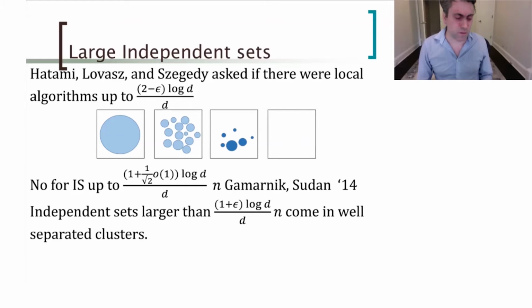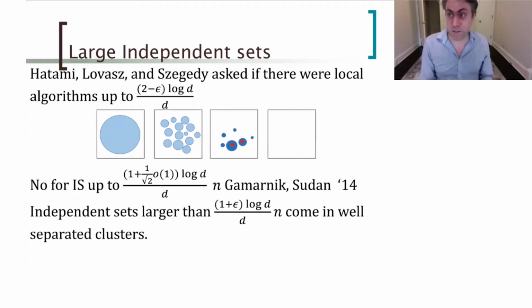You can argue by contradiction: if you had a local function that works in this regime, you could apply your factor of IID and find one large independent set in one of these clusters. You could take a different set of randomness and that would have to land in a different cluster, because these clusters are not too big.